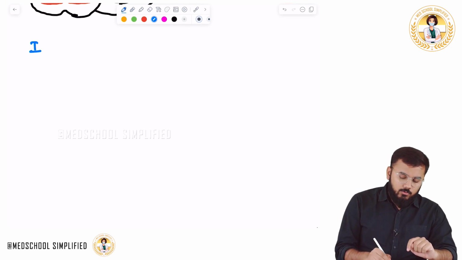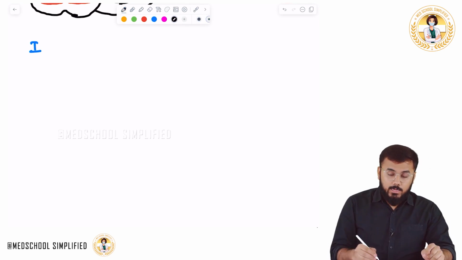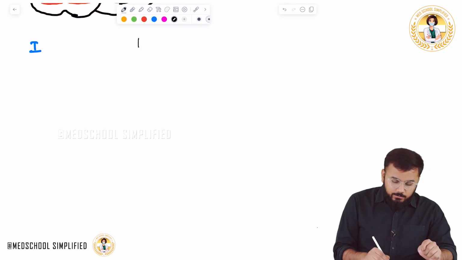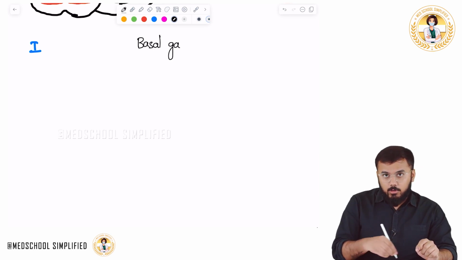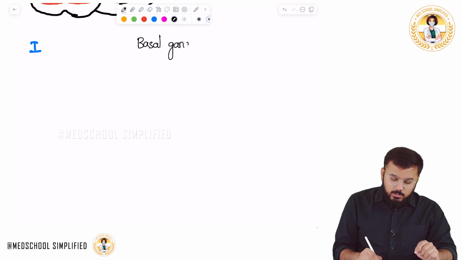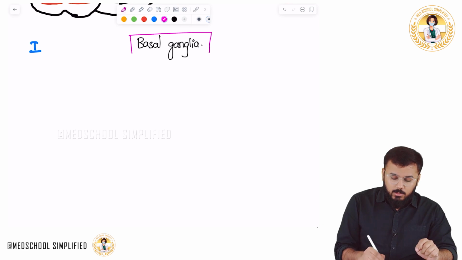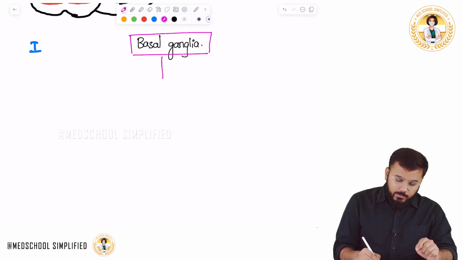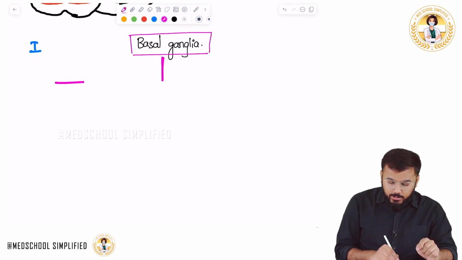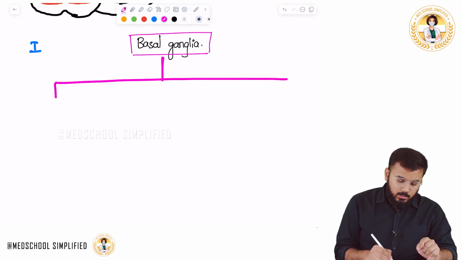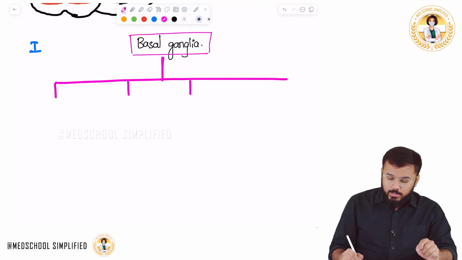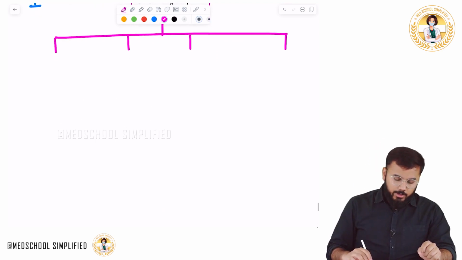The first way to classify is that this basal ganglia, I will draw all these structures later on, so just now write it down, is divided into 4 important things: 1, 2, 3 as well as 4.